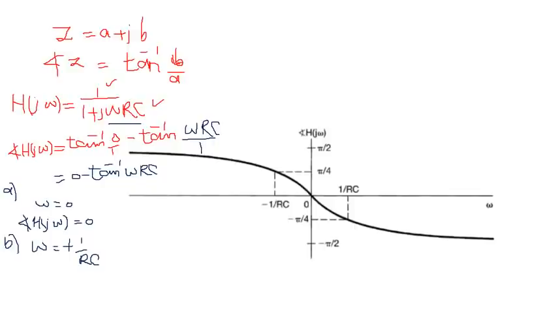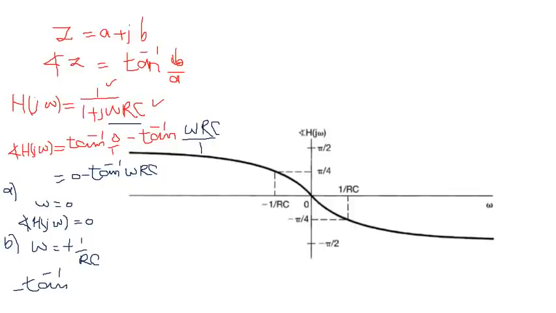Remember the numerator is 0, so it is 0 minus tan inverse of omega RC.